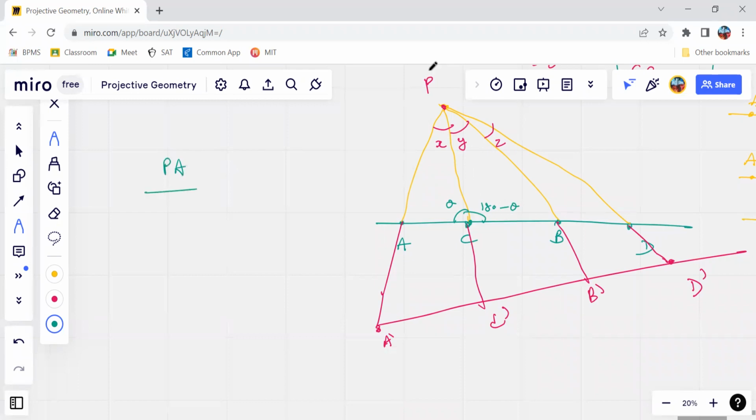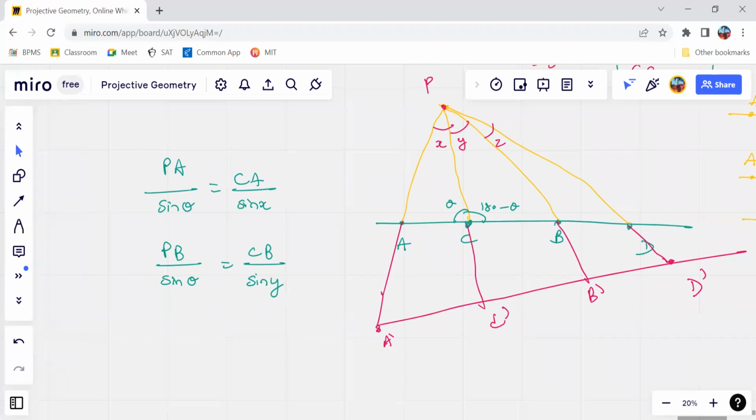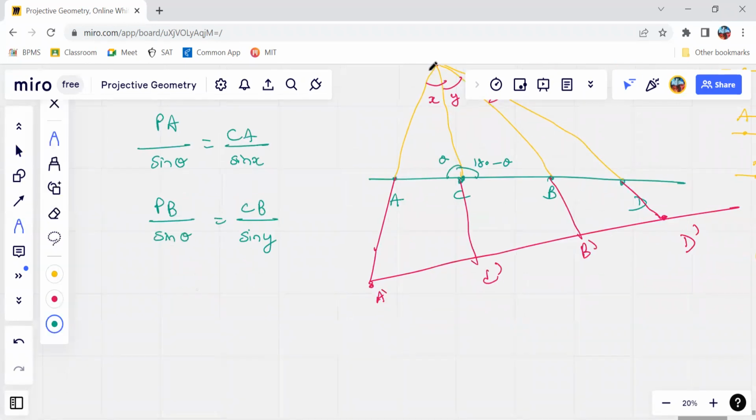So we have PA by sine theta is CA by sine X. And similarly, using it in PCB, we have PB by sine of 180 minus theta, which is sine theta, is equal to CB by sine Y. So if we divide these two equations, we get that the value of CA by CB times sine Y by sine X. The sine theta gets cancelled and it's equal to PA by PB.